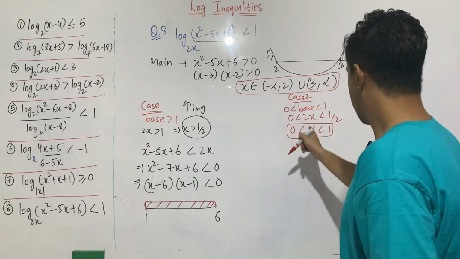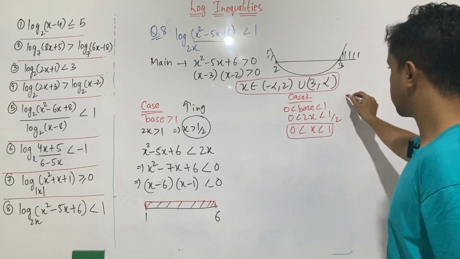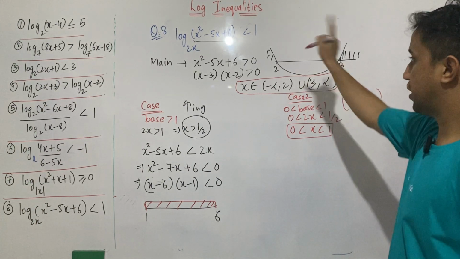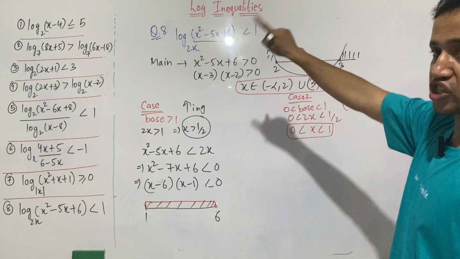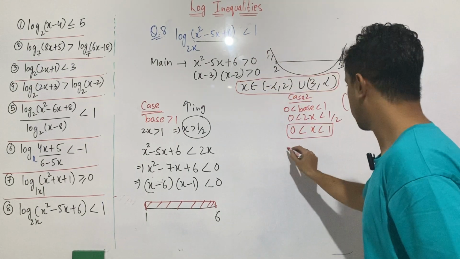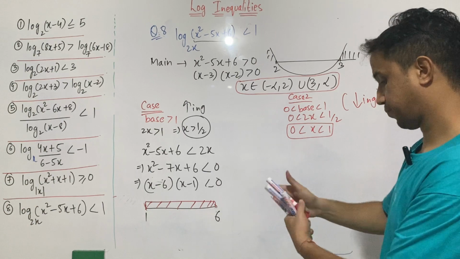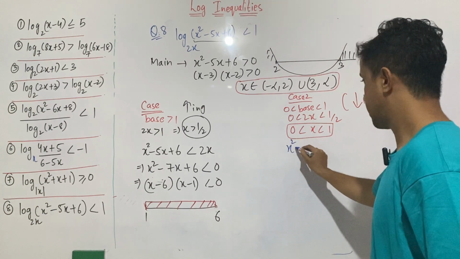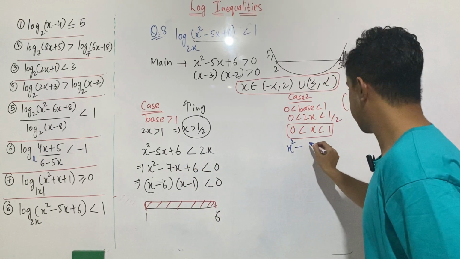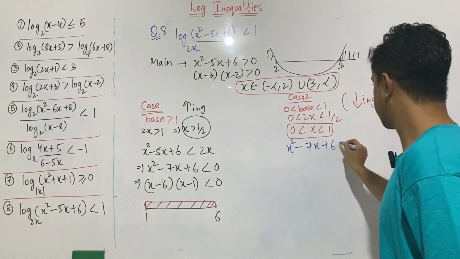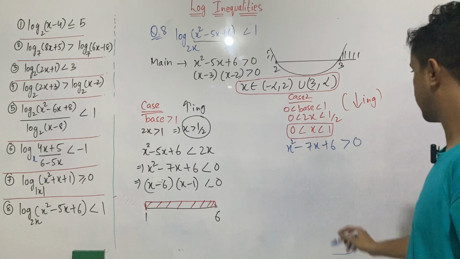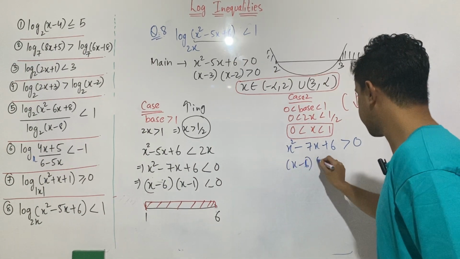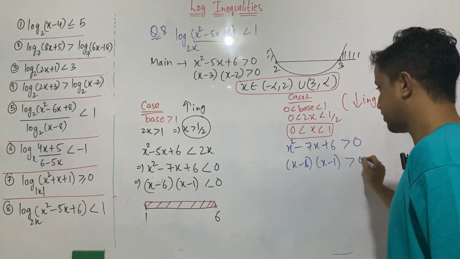This is a decreasing function, so the inequality sign will get reversed. So I can write x square minus 7x plus 6 greater than 0, which means (x minus 6)(x minus 1) greater than 0.